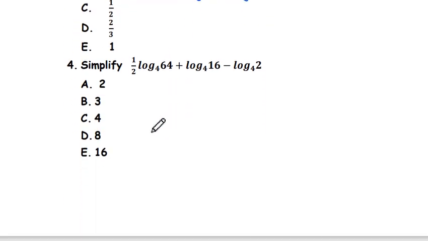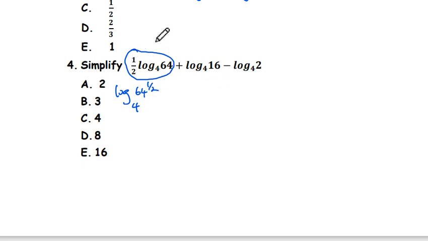Number 4, simplify. Half log 64 base 4 plus log 16 base 4 minus log 2 base 4. Now let's rewrite this in this form, applying the power rule or power law. That's log 64 base 4, raised to the power half. You agree with me that this is the same as this?